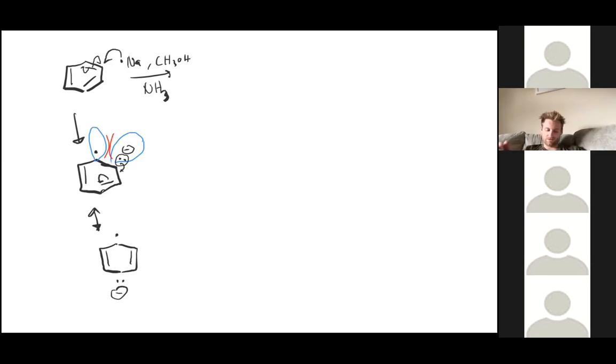From this point, you can pick up a proton from, let's say, methanol or ammonia. We're going to throw another electron in here. That is not how we draw sodium.